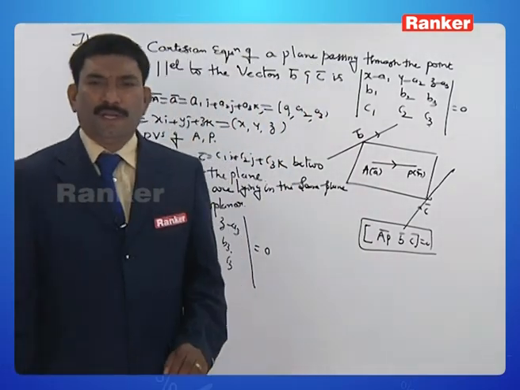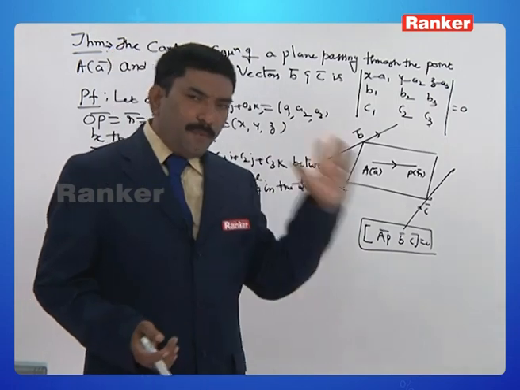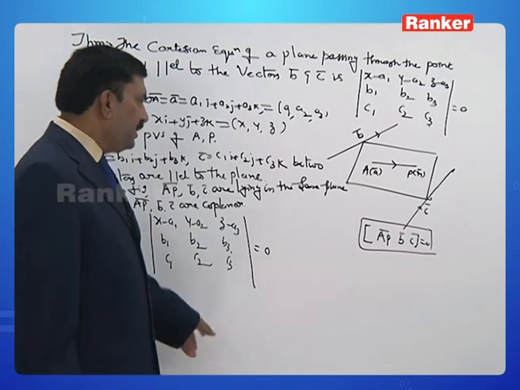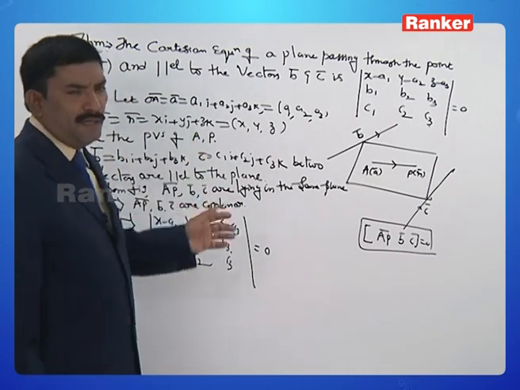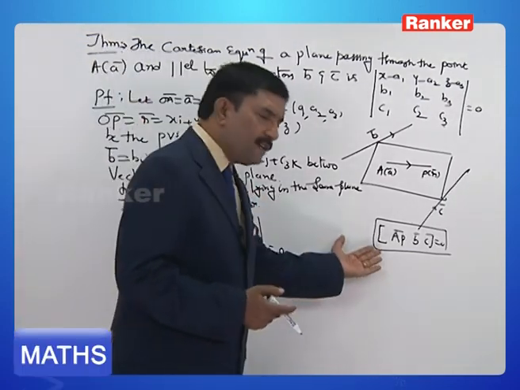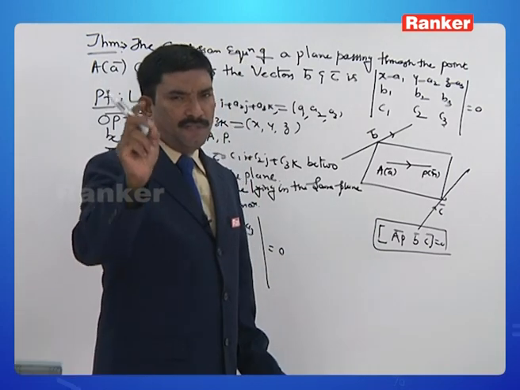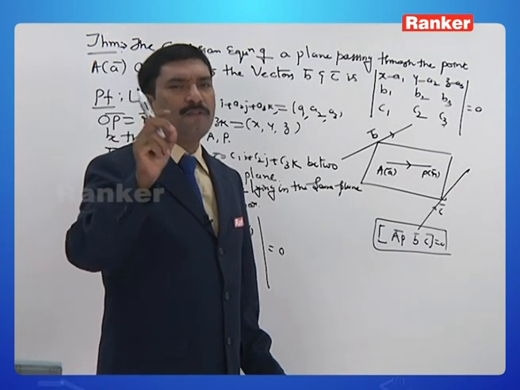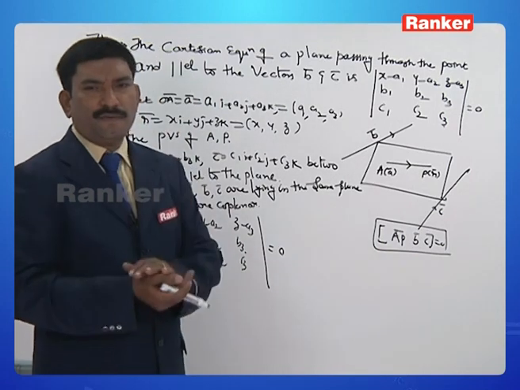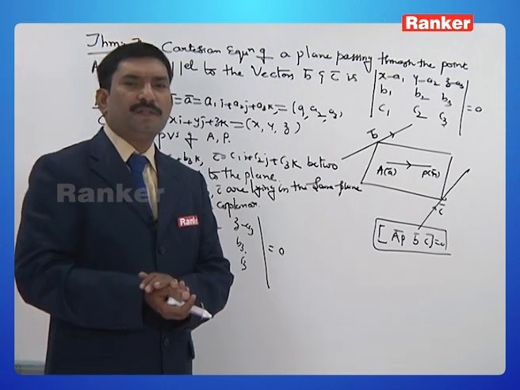That box is nothing but a determinant. Since the vectors are in terms of i, j, k, the box of i, j, k is equal to 1. So the necessary and sufficient condition for any three vectors to be coplanar is box of AP bar, B bar, C bar is equal to 0.